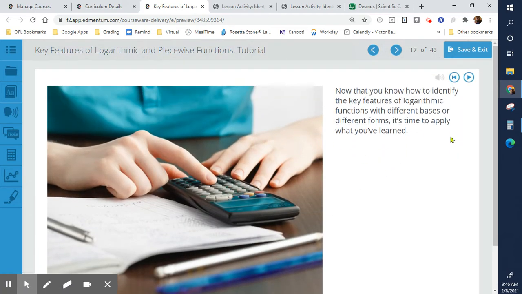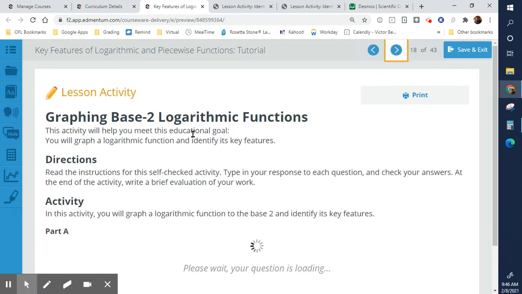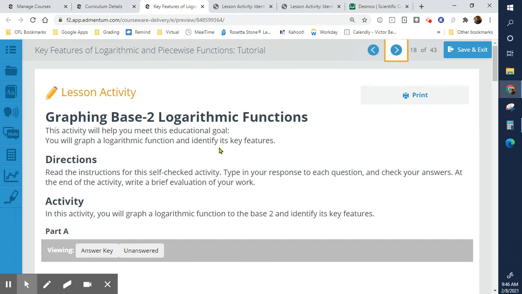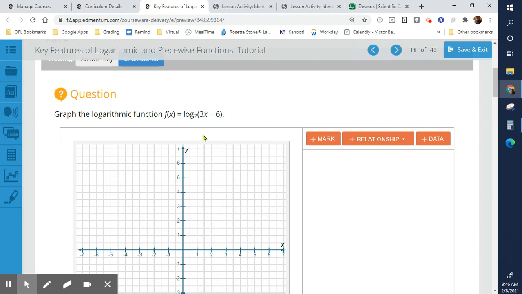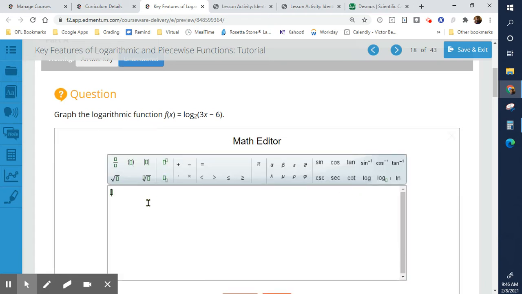So now let's get a little bit more used to using different bases. We're going to be using base 2 for the next function. So let's get into this using this new base 2. Let's customize this to make this a little easier on us.